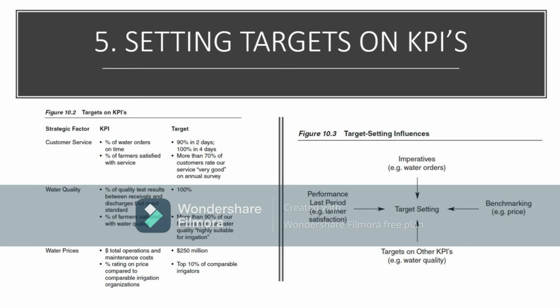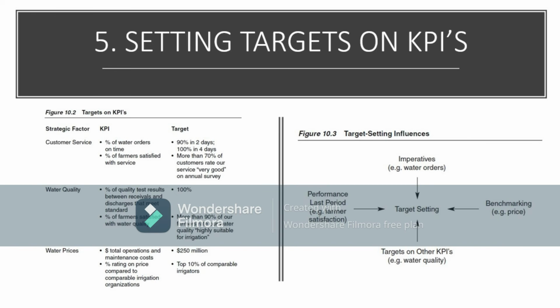A second influence is imperatives. Often, these are financial, such as return on shareholders' funds, but they don't have to be. In the case of Griffith Irrigation, Figure 10.2 highlights the absolute need to fill water orders.